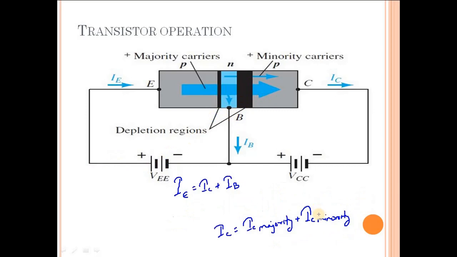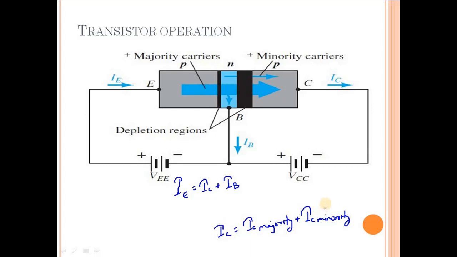So IC minority is nothing but the reverse current when the PN junction diode is reverse biased. When the PN junction is reverse biased, whatever reverse current is there, that is IC minority in this case. We already know, from studying the PN junction diode, that the reverse current is typically in the microampere or nanoampere range, and so the IC minority will also be in the microampere or nanoampere range.